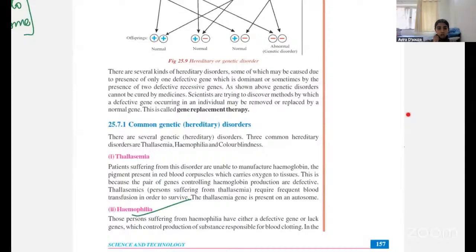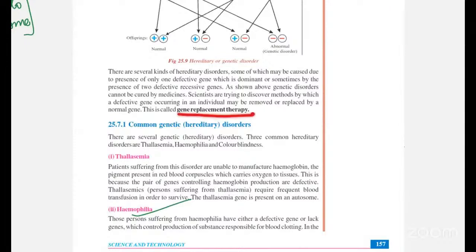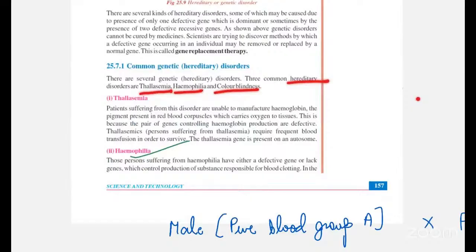This is called gene replacement therapy. So scientists can replace the gene when the baby is in the placenta, if there are any abnormalities. We have some hereditary disorders like thalassemia, hemophilia, and color blindness, which are due to a defective gene in the body.